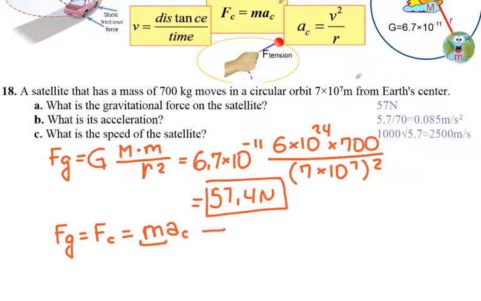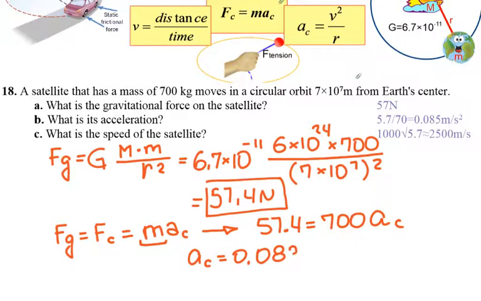I just found the gravitational force, which is the centripetal force, 57.4, equals the mass of the satellite, 700, times the centripetal acceleration. So from here I can see that the centripetal acceleration is equal to 0.082 meters per second squared.